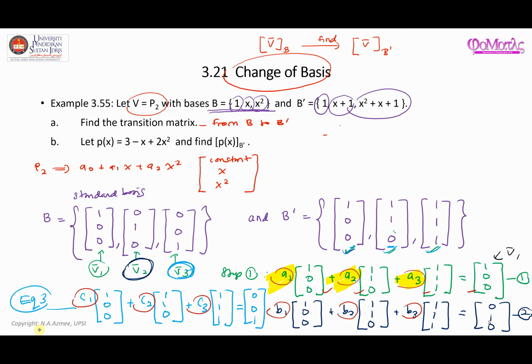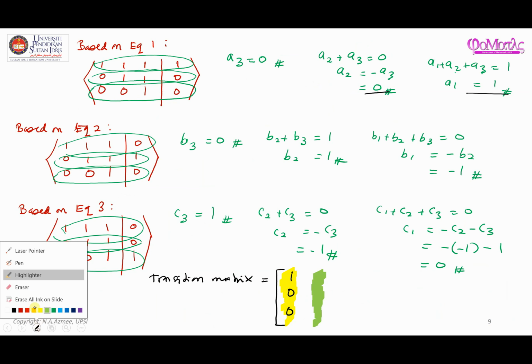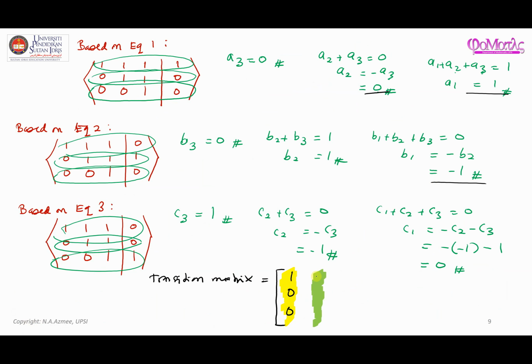Now here is for b1, b2 and b3. So once you have got these values, you will consider putting that in the second column, and here is negative 1, 1, 0.